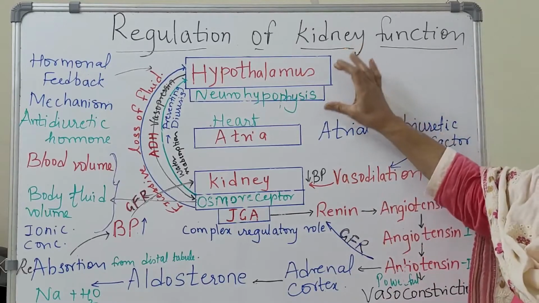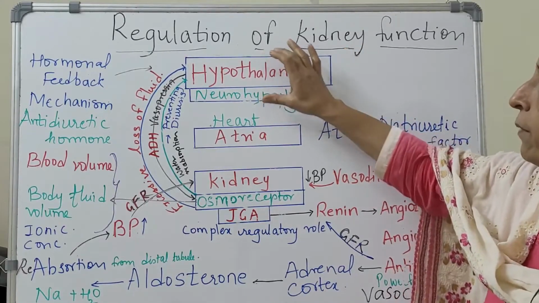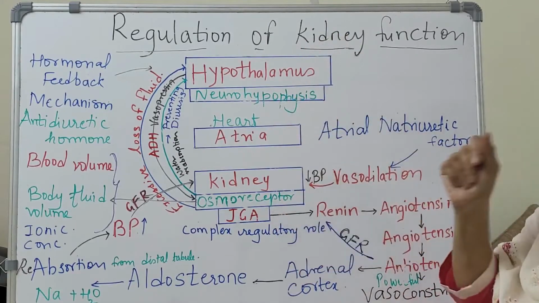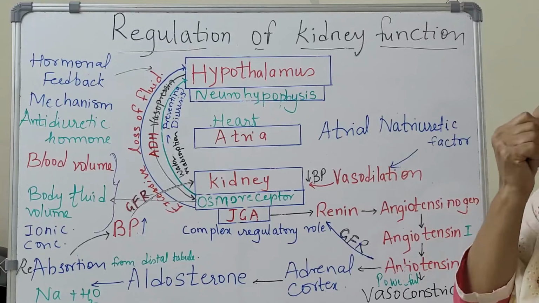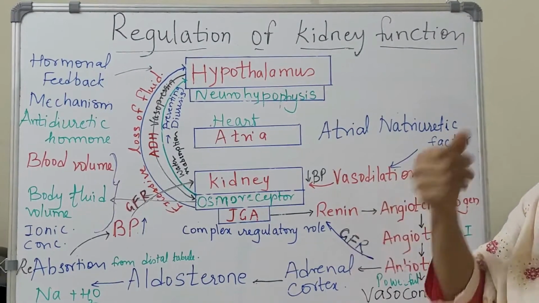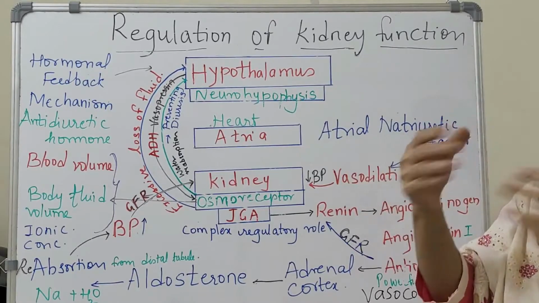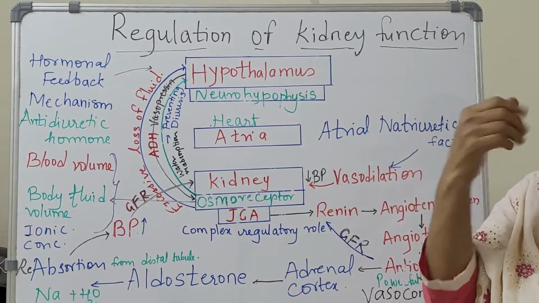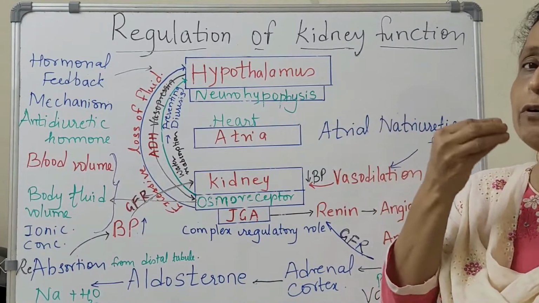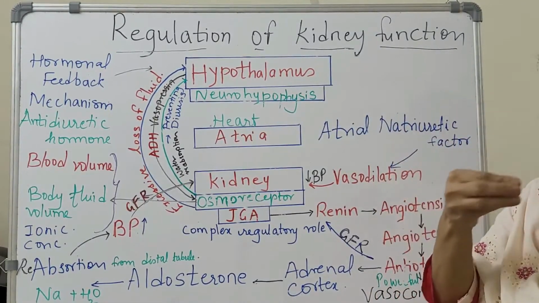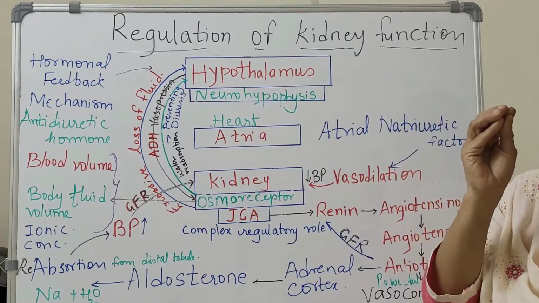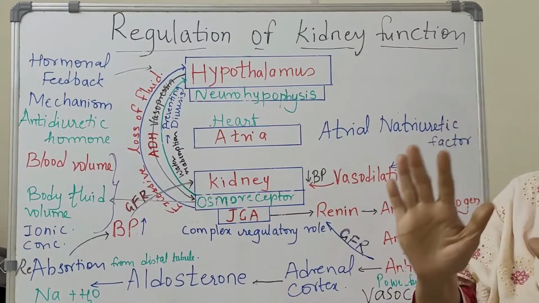So these three structures, that is the brain, heart and kidney, all regulate the functioning of the kidney. They monitor the kidney so that an excess amount of urine or body fluid should not go out. If you drink more water, you excrete more urine, but the concentration is less.